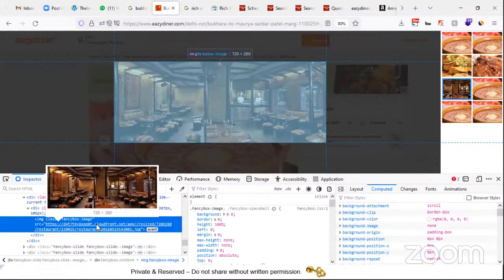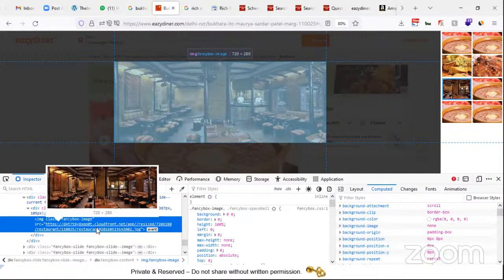But you see the name has changed. Ideally, this should be the name of the restaurant, right? So Bukhara ITC Maurya SP Mark Delhi.